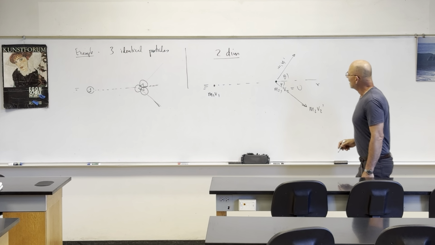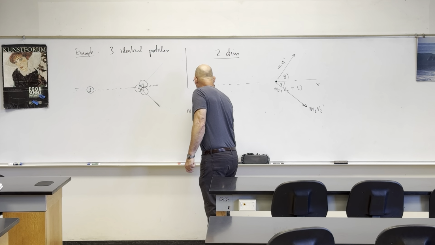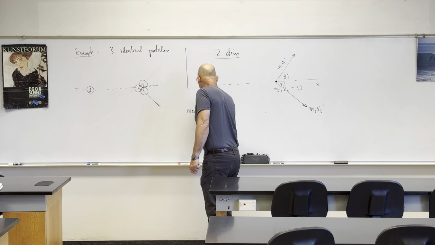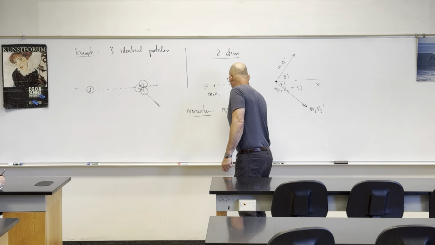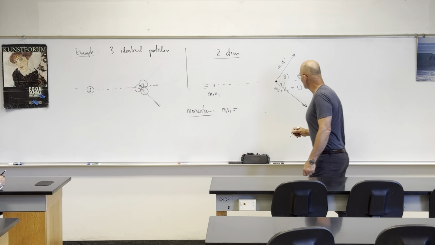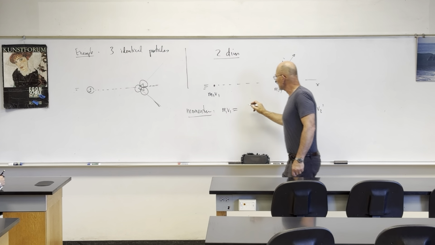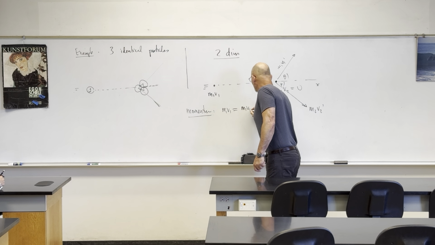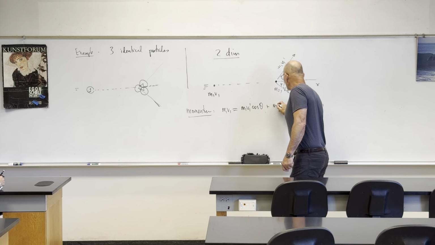So in this case, momentum conservation gives us M1, V1 before the collision. After the collision, along this x-axis we have M1, V1 prime cos theta, plus M2, V2 prime cos phi.